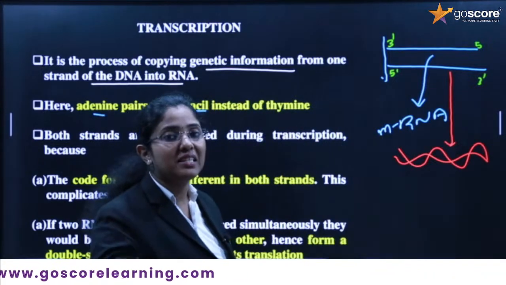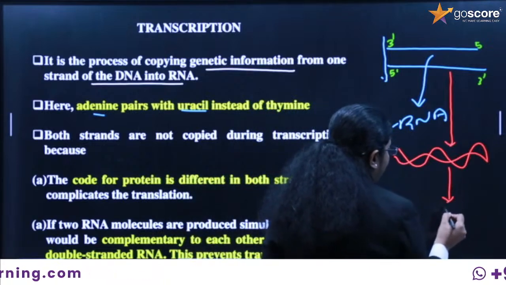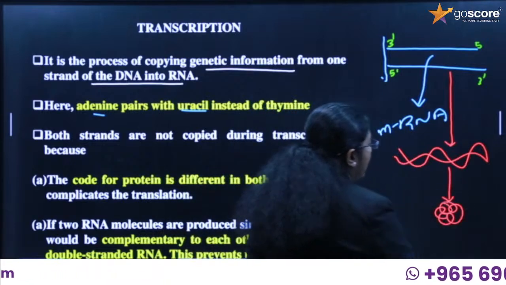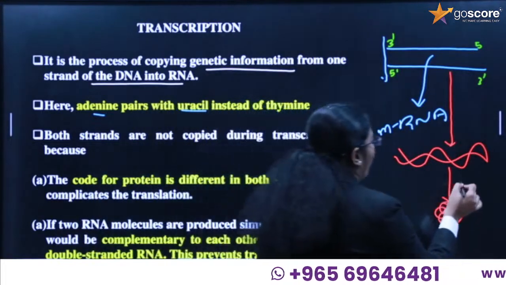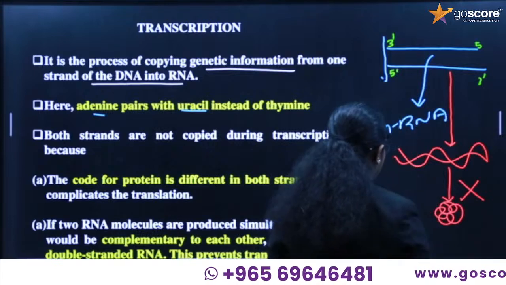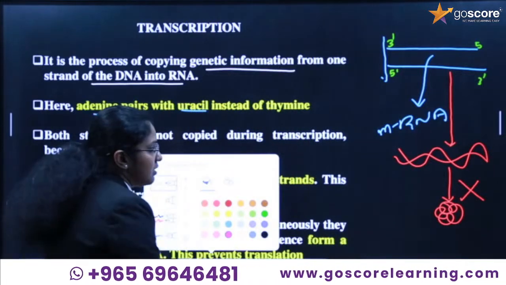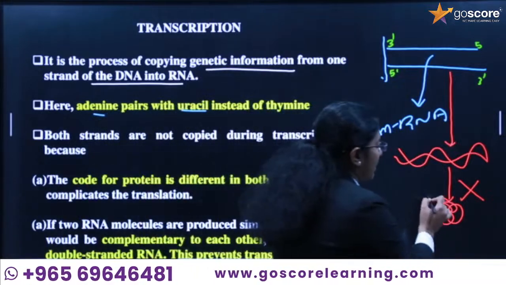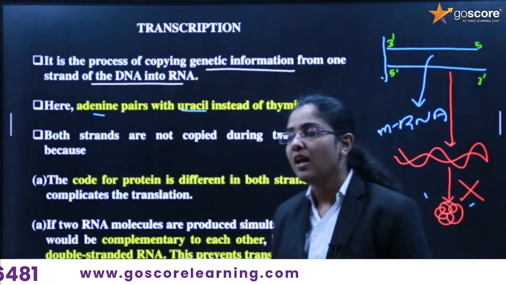After transcription, what is the process? It is translation, right? The formation of protein is known as translation. The process of translation won't happen if the strand is double-stranded, so the formation of protein won't be happening.